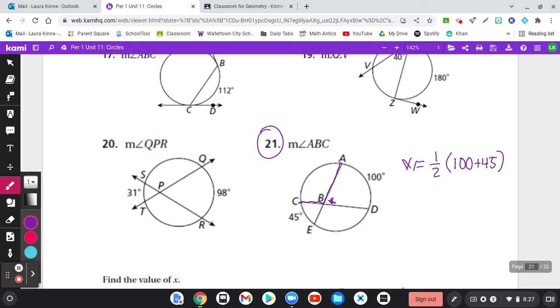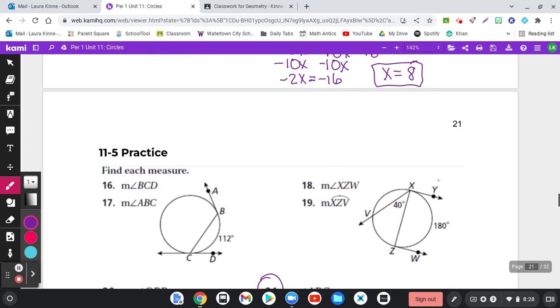All right. And then you get 72.5. But that's not your answer. This is 72.5. If you want to figure out this angle you're looking for, you're going to want to subtract 180 minus 72.5. So just look out for little things like that.